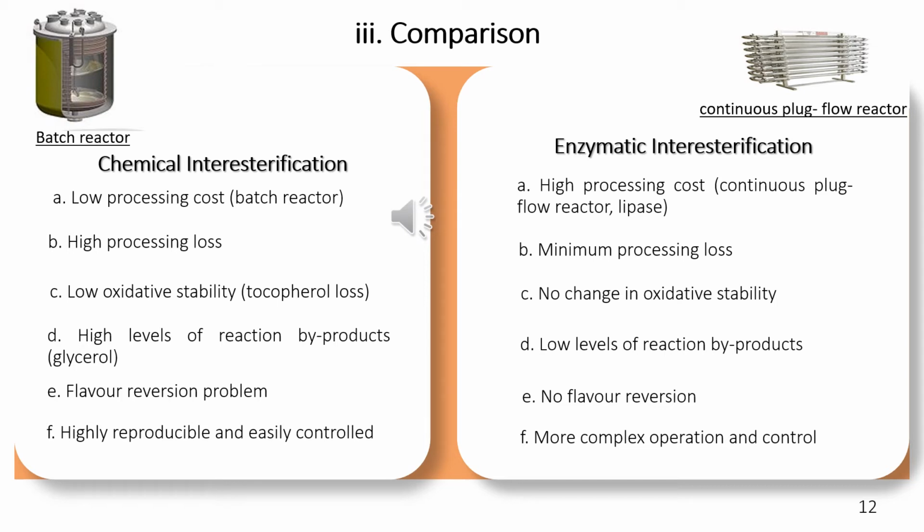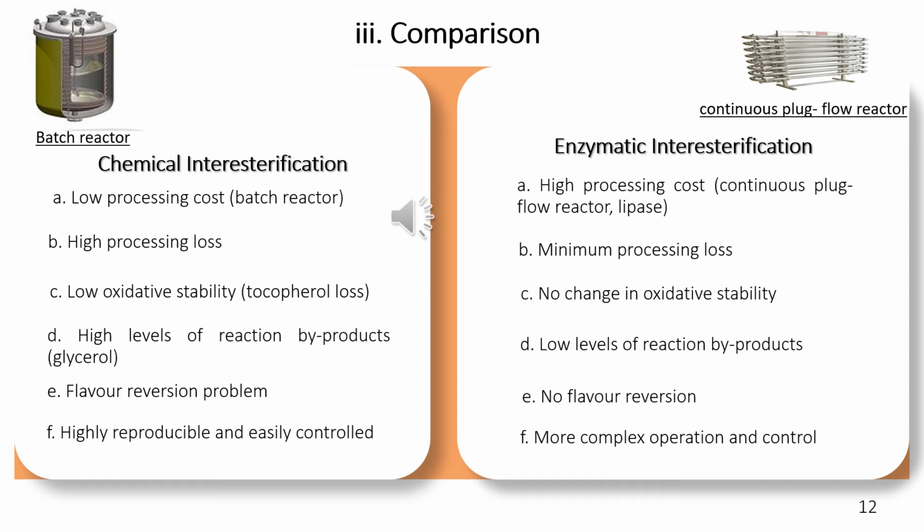While in the enzymatic interesterification process, low levels of reaction byproducts occur. So there is a small number of byproducts produced in enzymatic interesterification, while in chemical interesterification a large number of byproducts are produced.